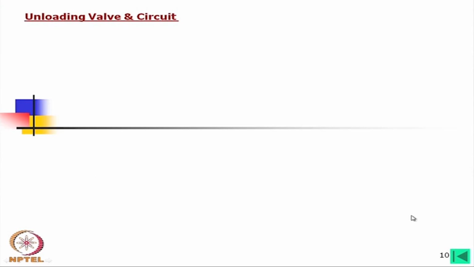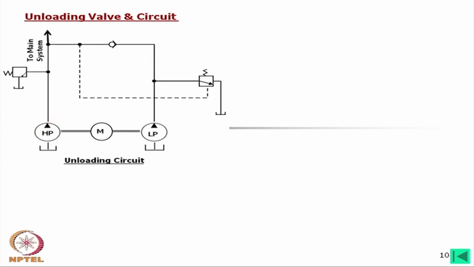Now, we will go for unloading. That was the counterbalance valve. Now, we will go for the unloading valve. What is unloading? Usually in any fluid power system, we need to go for an energy saving process.